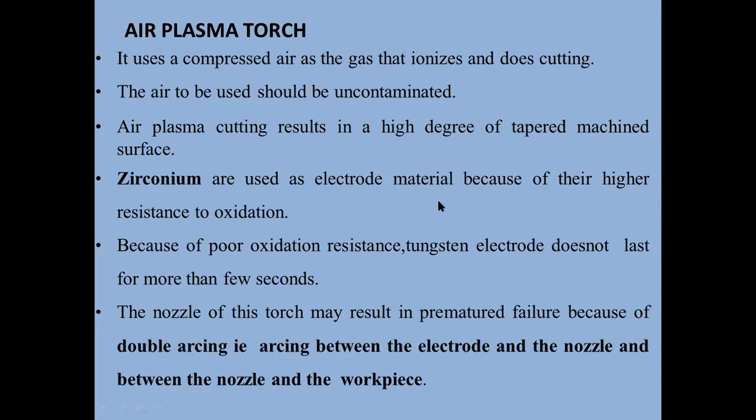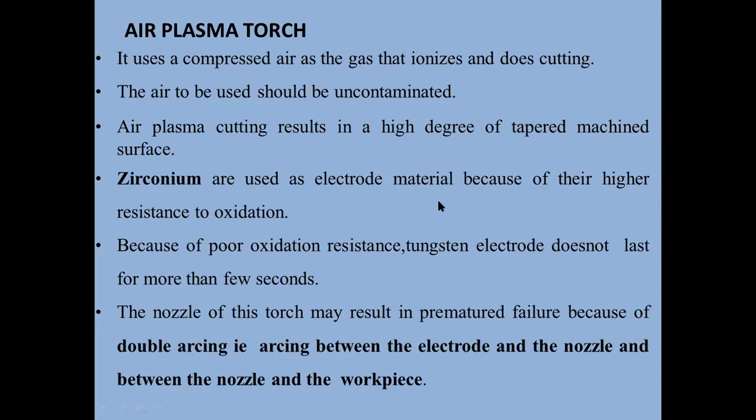Oxidation is nothing but reaction with oxygen to form oxides. Zirconium oxide formation is very difficult compared to tungsten oxide. That's why zirconium is used in the air plasma torch. Because of poor oxidation resistance, a tungsten electrode does not last for more than a few seconds. That's what we have discussed right now.